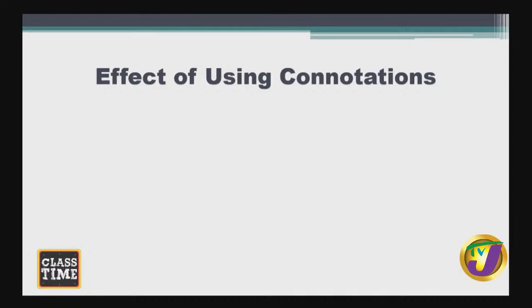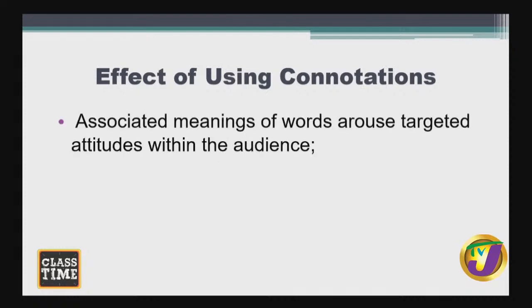So here we are now looking at the effect of using connotative language. So the associated meaning of the words now will arouse certain attitudes that you want in the audience. So if you want the audience to feel moved to agree with you, you're going to arouse certain attitudes in them. So you want them to feel angry at something in order to take your side against it.